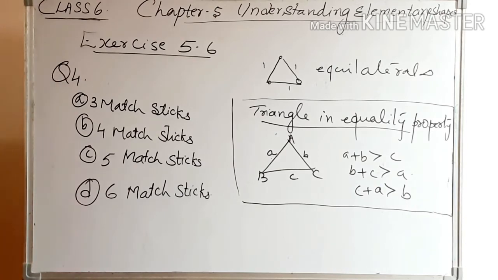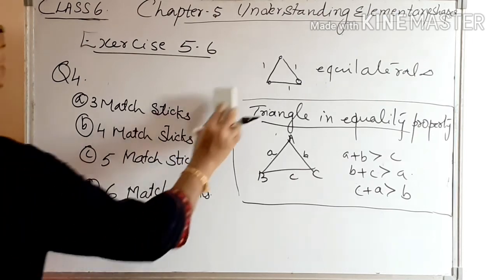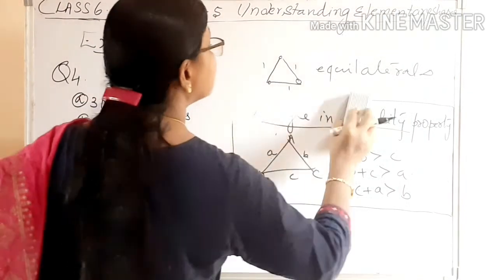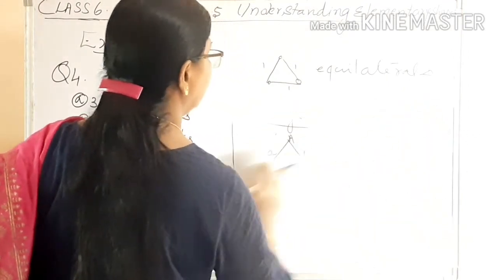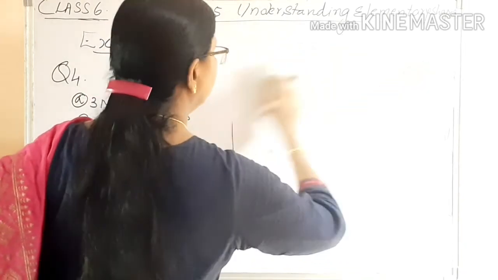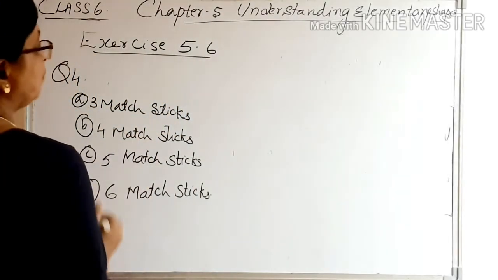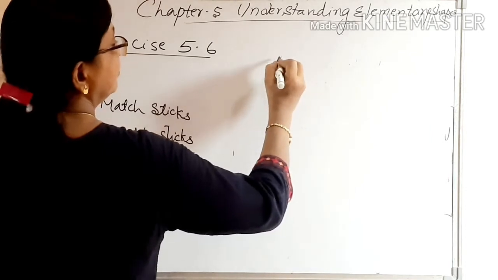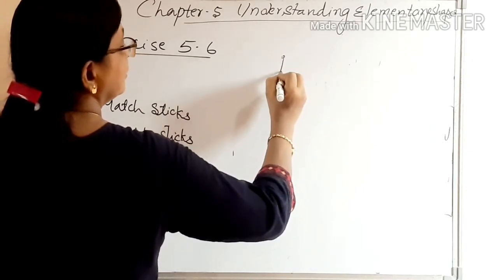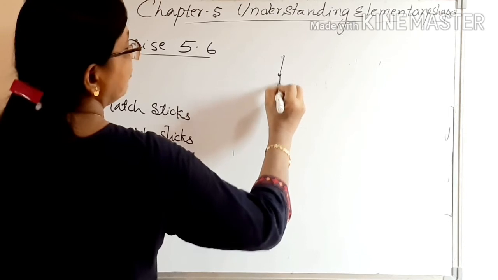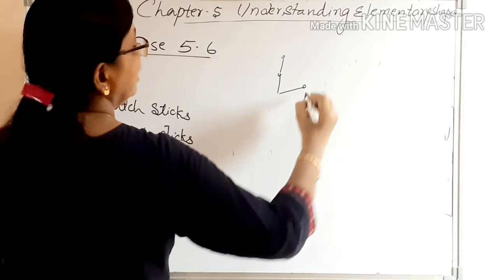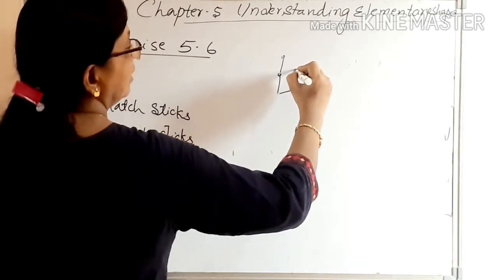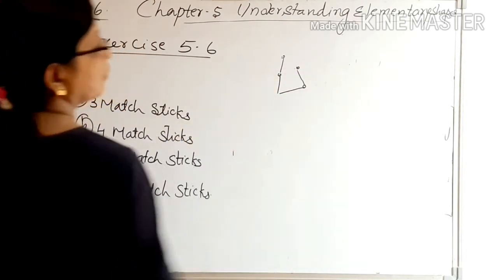The first case we have made the triangle, that is an equilateral triangle. The second case, we are going to find whether we can construct a triangle or not. We are going to use 4 matchsticks. 1, next 1 more. I am using the next third one. Now I am using the fourth one.